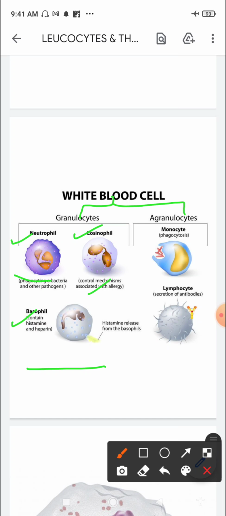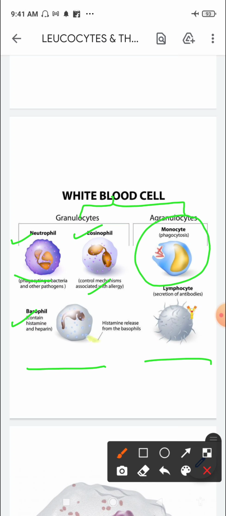Agranulocytes are divided into monocytes, which help in phagocytosis, or capturing of the prey, and then lymphocytes, which are the defense; they protect the body against different diseases by secretion of antibodies, right? So those are the lymphocytes.